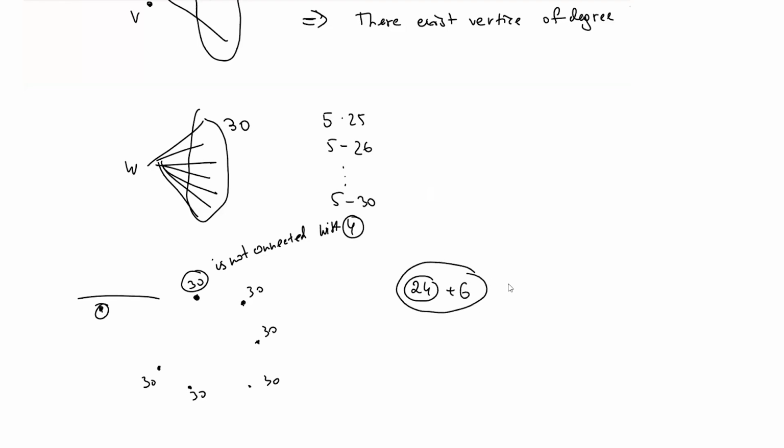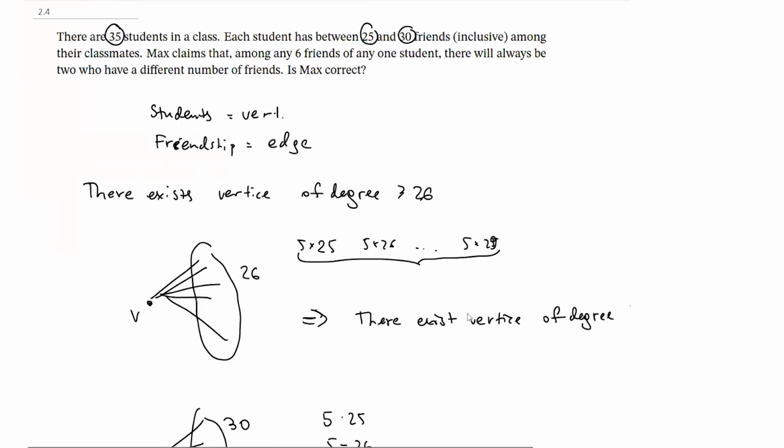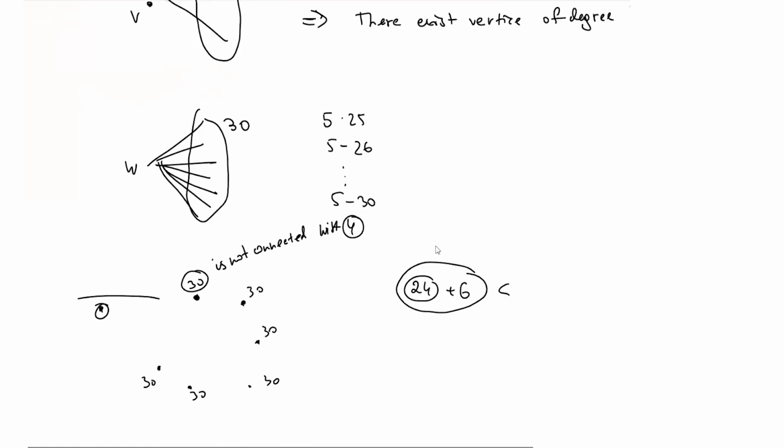This is still smaller than 35 students. So we have 4 vertices from each of these that do not satisfy us, which gives 24, and these 6 vertices we also exclude, so at least 5 vertices will exist which connect to all of these vertices of degree 30.